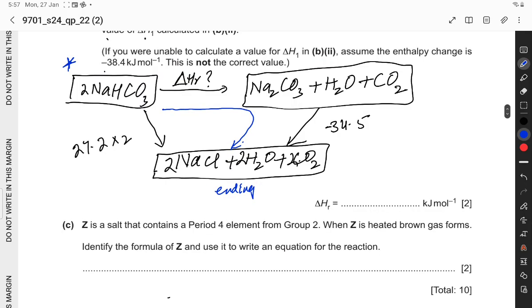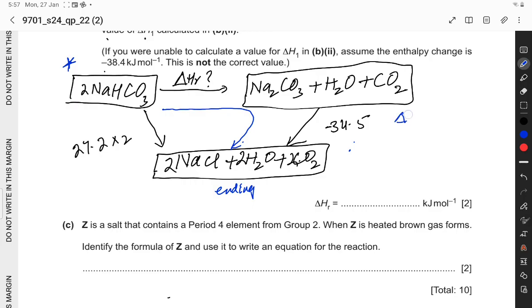So it is equal to delta HR plus minus 27.2 into 2, no sorry, 34.5.